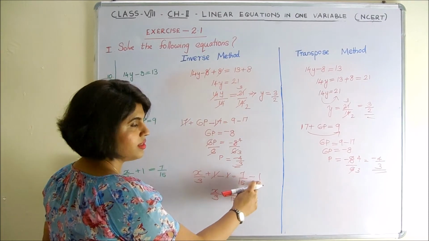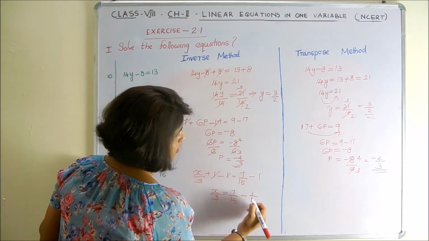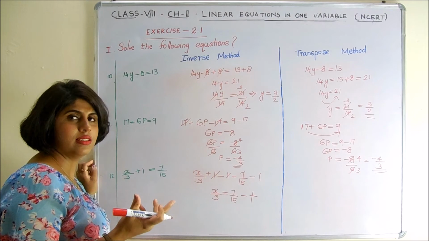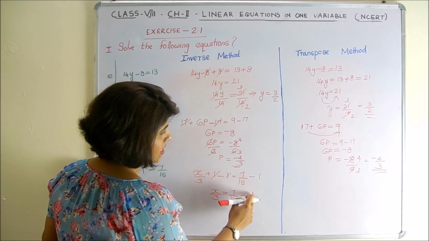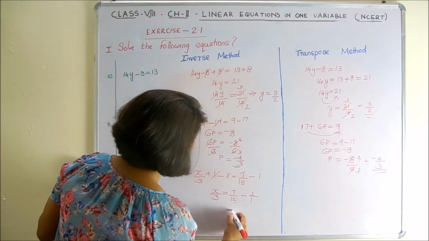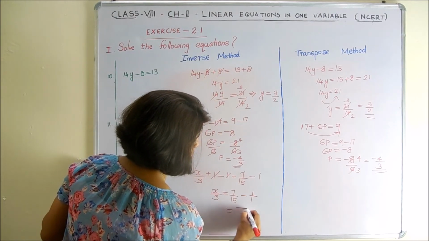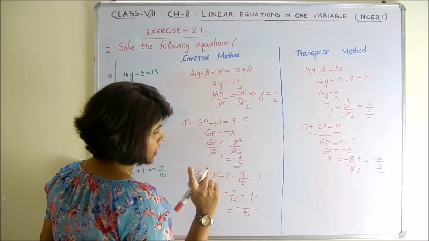minus this 1, we can write it as 1 divided by 1, isn't it? Any natural number we can write in the rational form. So this 1 we can express as 1 divided by 1. Now take the LCM of 1 and 15. It is 15. So in 15 it goes 1 time.